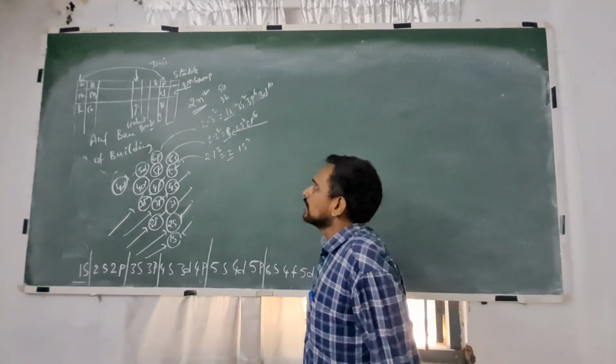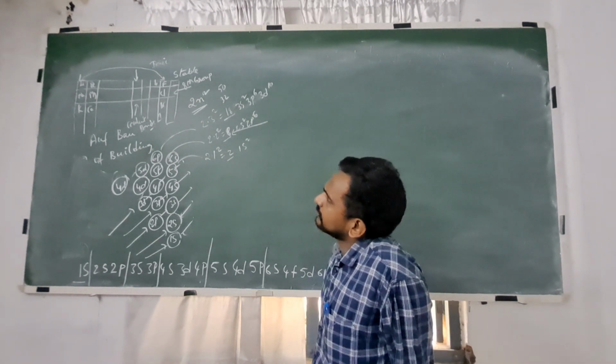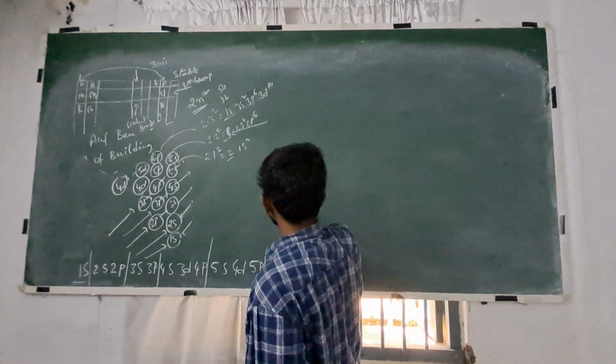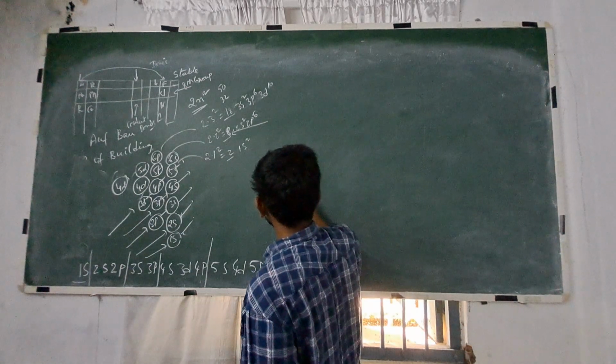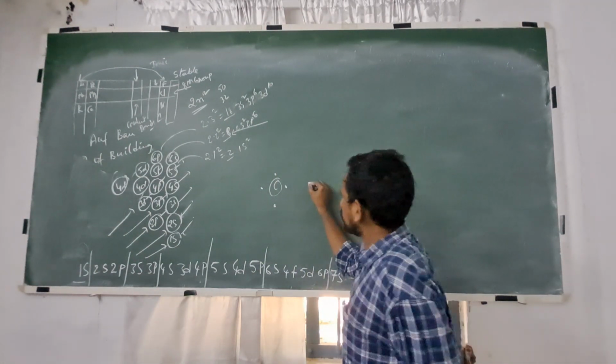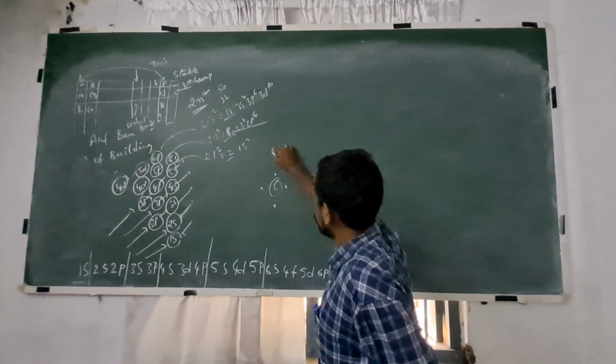Okay, so now how do they form? So carbon has 4 electrons. It forms bond with another 4 carbon atoms.